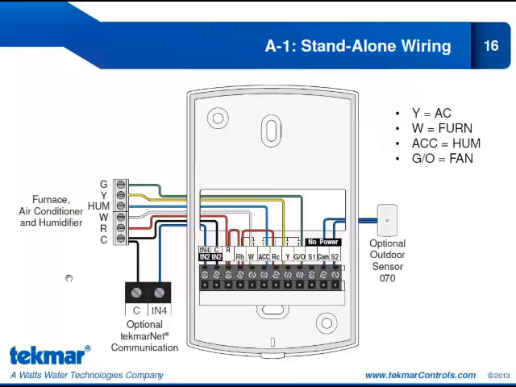We've also shown how you could take this standalone application and connect a tekmarNet device. So we have the TN4 coming to our tekmarNet device and the C coming back to the furnace. The settings here, Y is set to air conditioner, W is set to furnace, our accessory relay is set to humidifier, and the GO relay is set to fan.